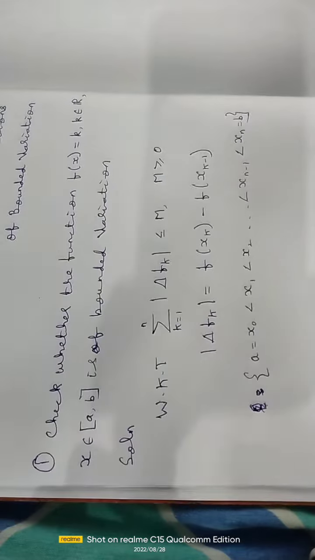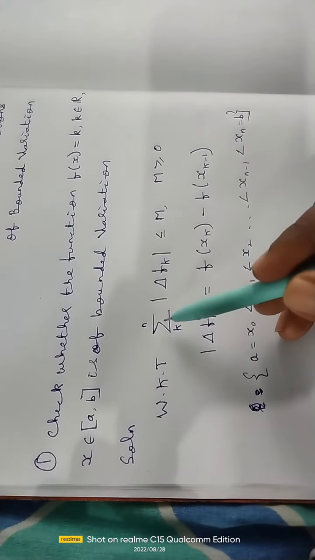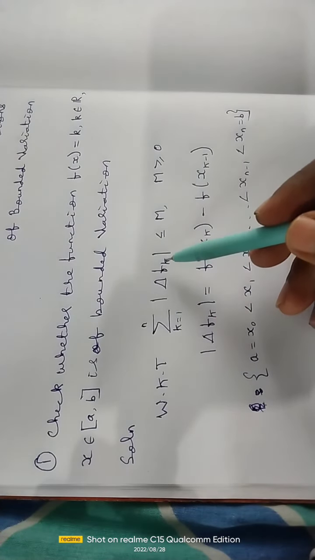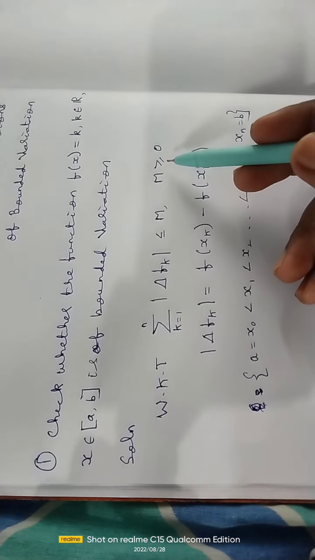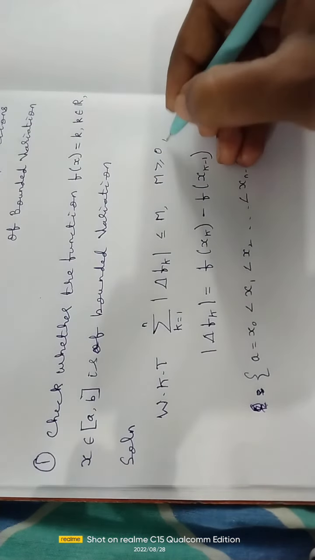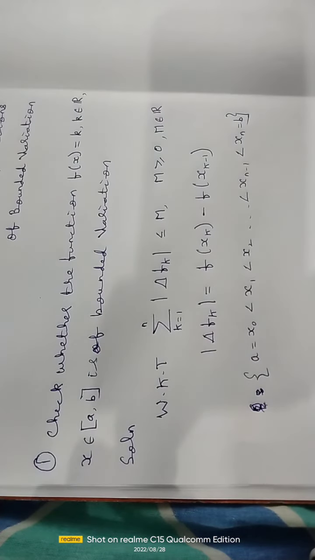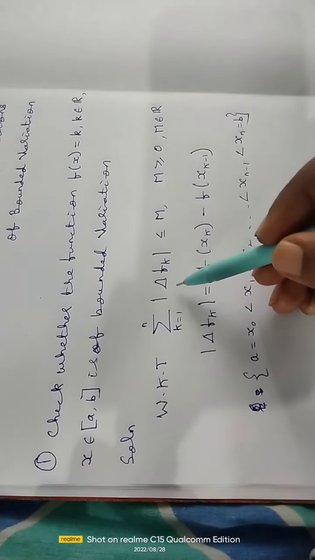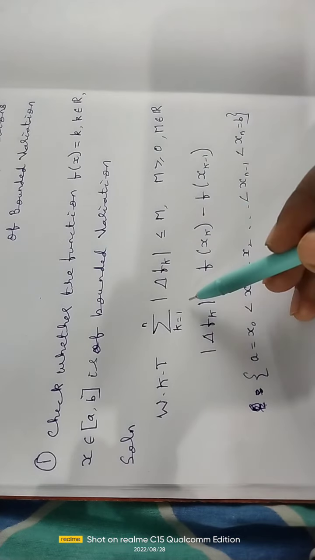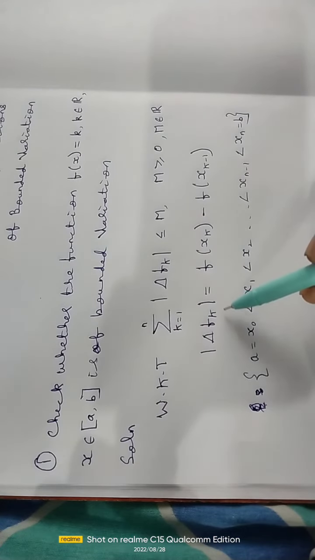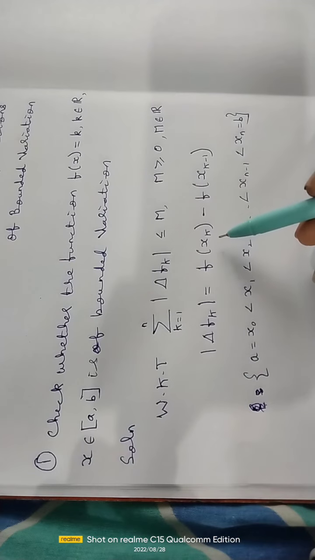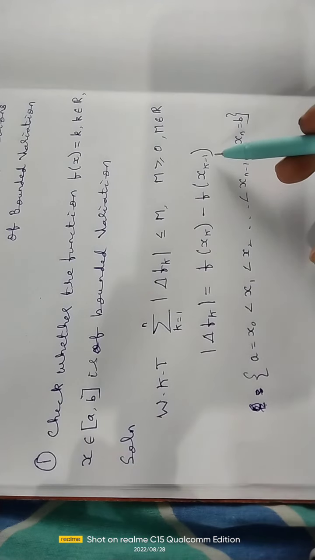We know that summation k equal to 1 to n modulus of del f k less than or equal to m, where m is greater than 0 and m belongs to R, is the condition for a function f of x to be of bounded variation, and modulus of delta fk is equal to f of xk minus f of xk minus 1.